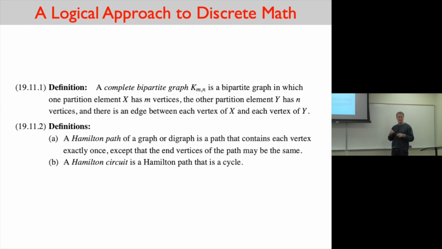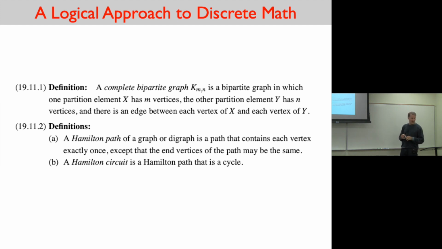Every edge is incident on a vertex from one of the sets and a vertex in the other set. So there are no edges from one vertex to another vertex that are in the same set. And we had examples of that.